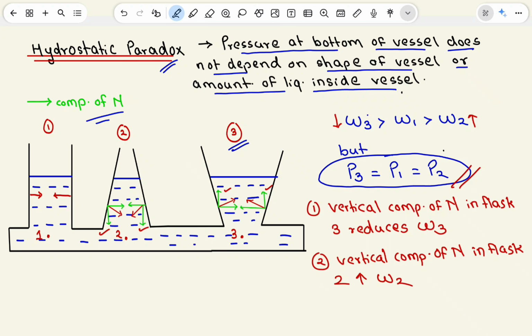Also, we can explain this by using the pressure formula that we just saw. In all the vessels, the depth at which we are measuring the pressure is the same. And we know that pressure only varies if the depth varies. So since the depth is the same for all the points where we are measuring the pressure, the pressure at all the points is bound to be the same.